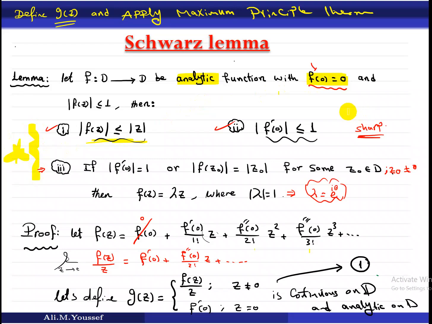If we add another assumption, f prime of 0 is equal to 0, how can we define the Schwarz lemma for this case? If we add another assumption, f of 0 is equal to 0, f prime is equal to 0, f double prime is equal to 0, how can we define the Schwarz lemma for this problem, and so on? So this is the main idea.